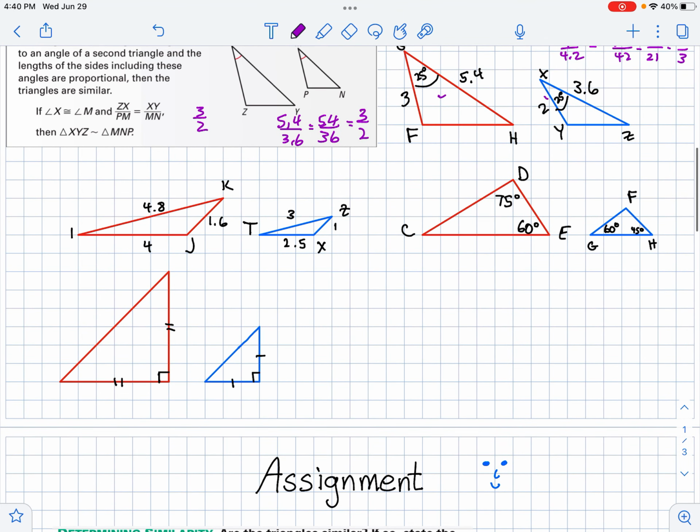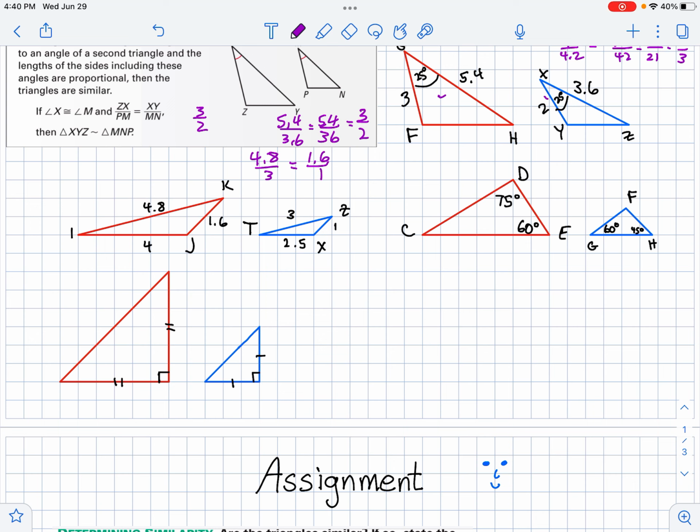Now we can play around with this a little bit, and look here. We've got 3 sets of triangles, 3 red and blue pairs here. I wonder if these are proportional. Well, you could say 4.8 divided by 3, does that equal 1.6 divided by 1?